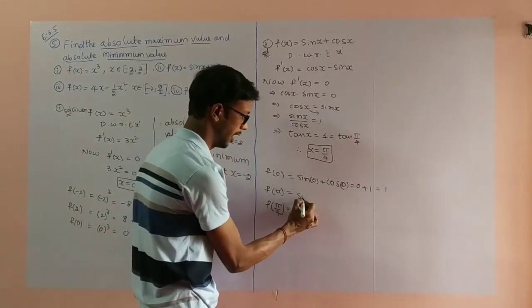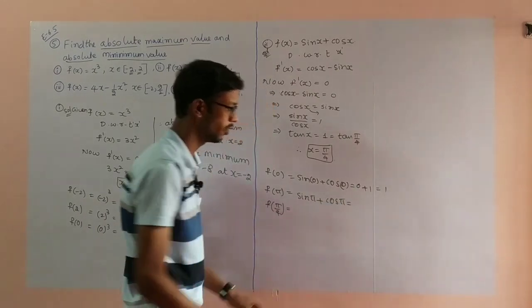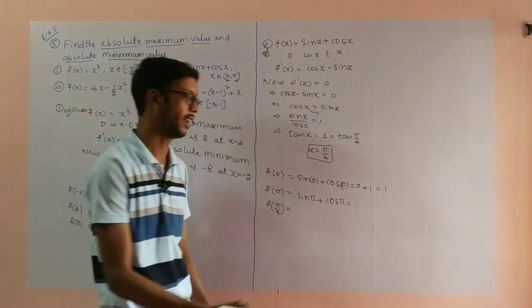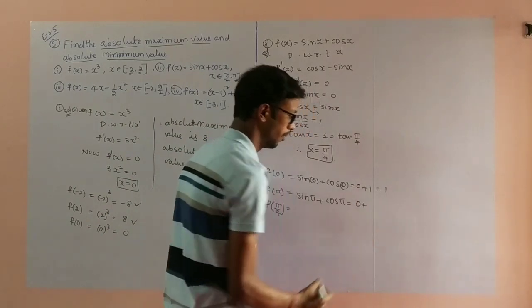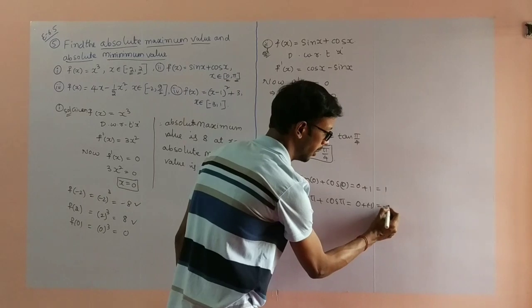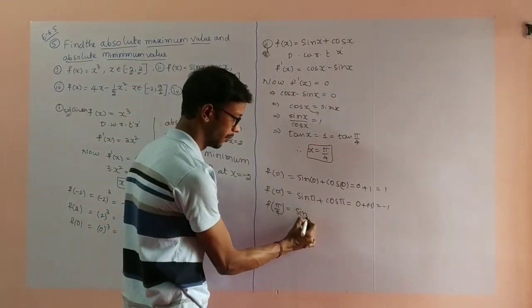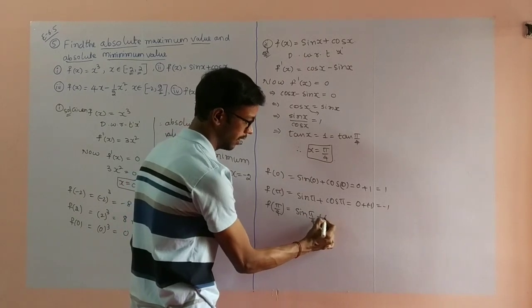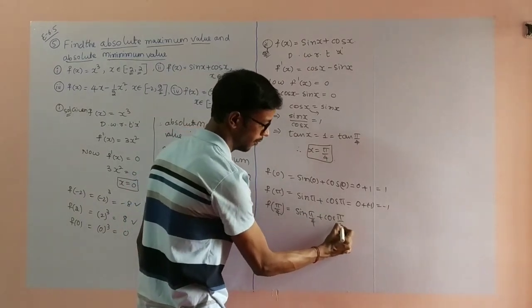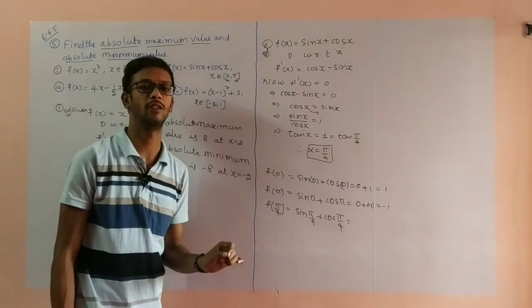Next, sin pi plus cos pi: sin pi is 0 plus cos pi is minus 1, that is minus 1. Next, sin pi by 4 plus cos pi by 4. What is sin pi by 4? Pi by 4 is nothing but 45 degrees.